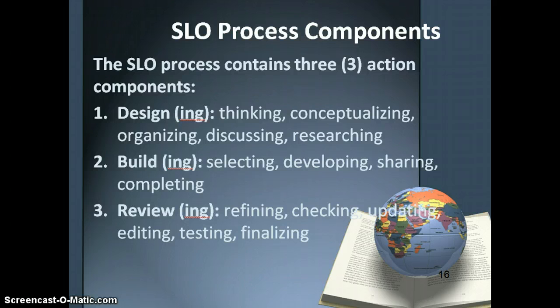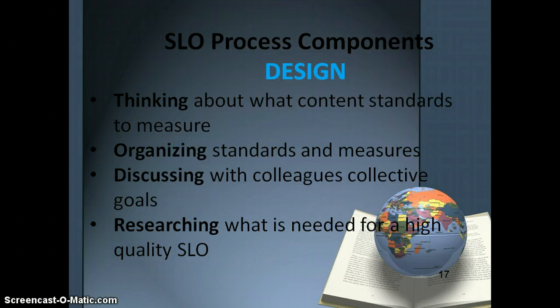The SLO process has 3 components: designing, building, and reviewing. In the design process, you will think about what content standards you will measure. You will organize those standards and measures. You will talk about those with your colleagues, and you will make sure that the SLO is of high quality by addressing the performance measures so they are completely connected to the aligned standards.